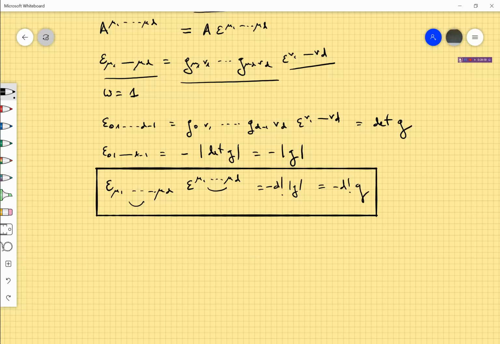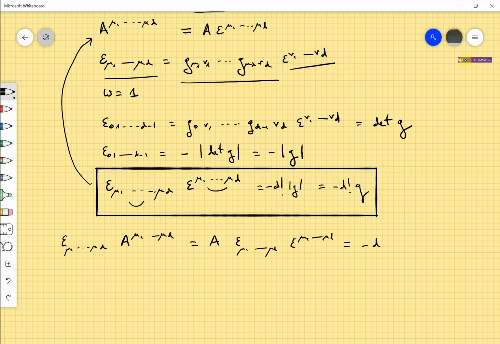Now, knowing this property, I will tell you what happens with other contractions. I can come here and multiply both terms by epsilon mu1 up to mu d. But this I know what it gives me because I just computed it.